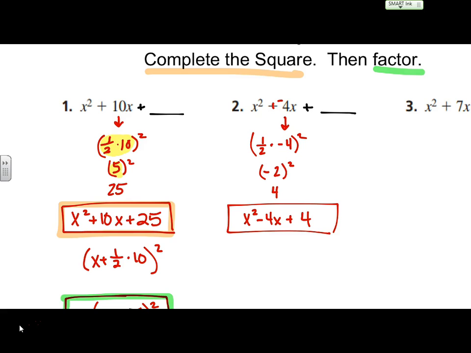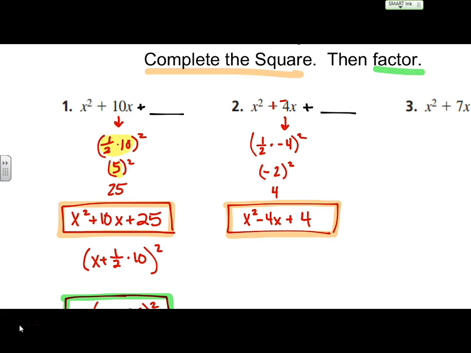Does that make sense? Plus negative 2, yes. Why did it turn negative with 4x? It didn't turn negative, it was minus to begin with. I just changed the minus so that we remembered it was a negative number. But it was a minus to begin with.